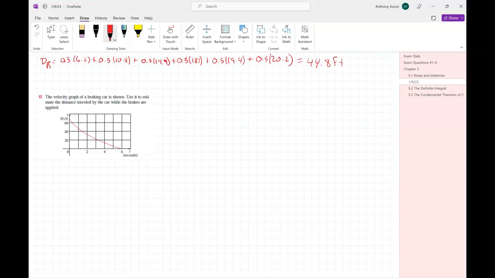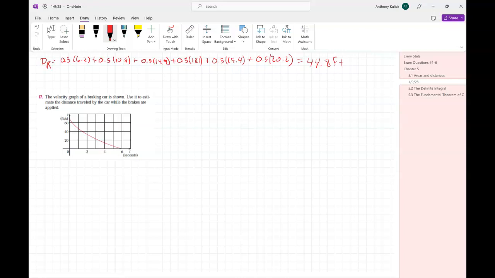Does it tell us whether we should be using left hand or right hand rules? Doesn't. Does it matter? Not really.